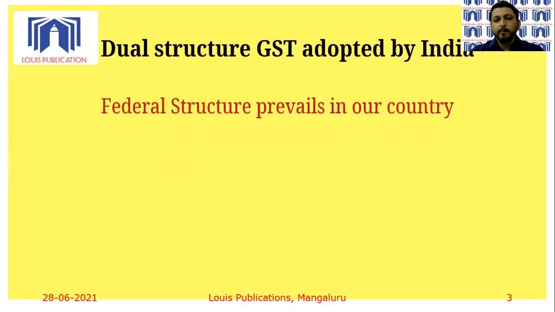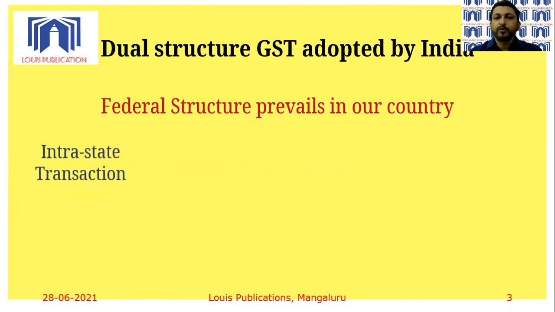Now, what is this dual structure GST? Very important: in India prevails the federal structure, the center and the state relationship. It's very, very important that both the center and the state government share the revenue that they earn out of GST.